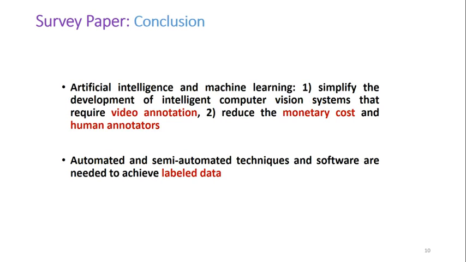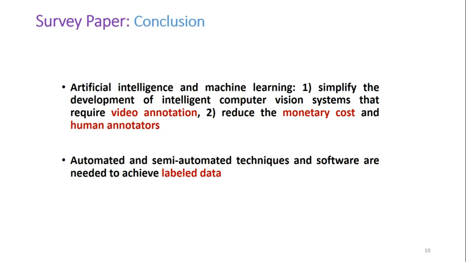So, in this survey paper, we conclude that artificial intelligence and machine learning technologies have simplified the development of intelligent computer vision systems that require data annotation, especially video annotation, to reduce the human and monetary costs in these areas. However, there are challenges in training these frameworks with large amounts of annotated datasets that need human annotators from different backgrounds.